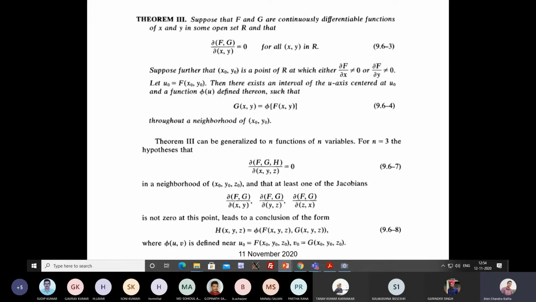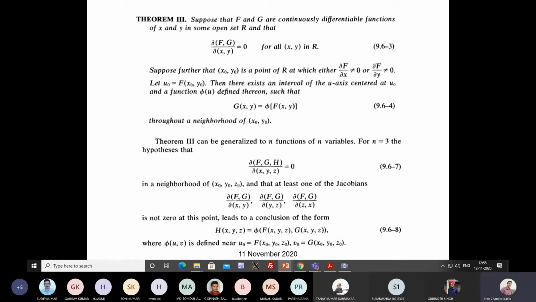Here u is simply equal to f of x naught, y naught, z naught, and b is g of x naught, y naught, z naught. So now, have you been able to find the connection between the generalization of this theorem and what we are trying to do?